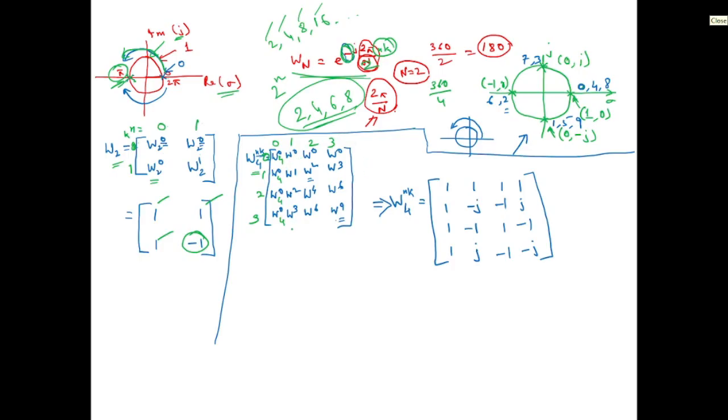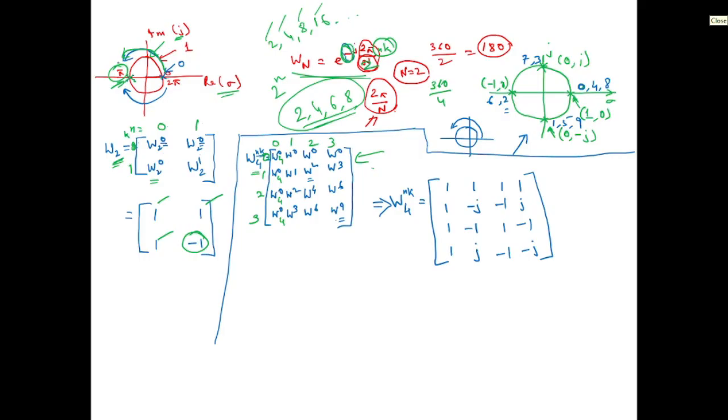Now we have to compute what are the values of this one. So what we have to do, we have to divide this unit circle into 4 parts. When the capital N was equal to 2, we divided the circle into 2 parts. So the first part was at 1, the DC frequency, then 360 by 2 is 180.